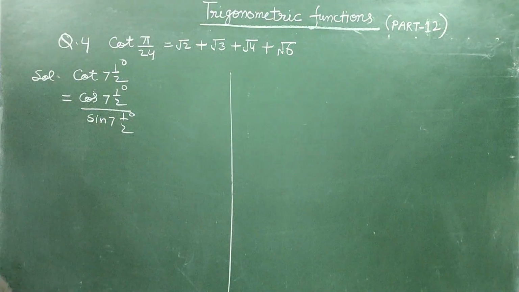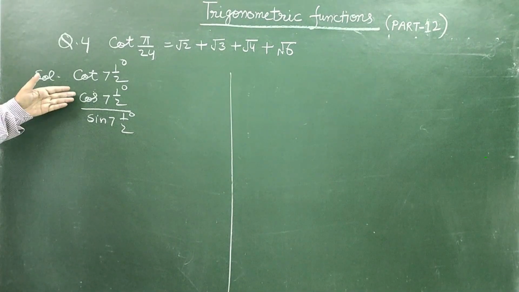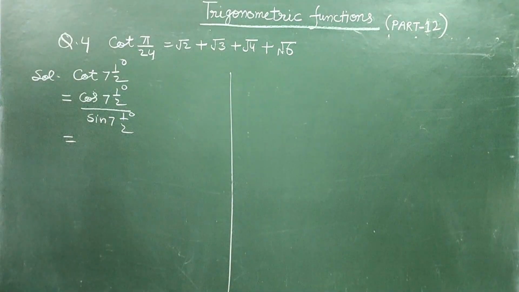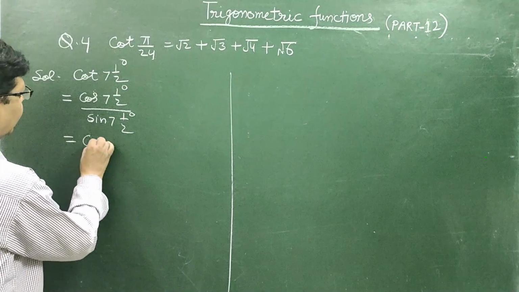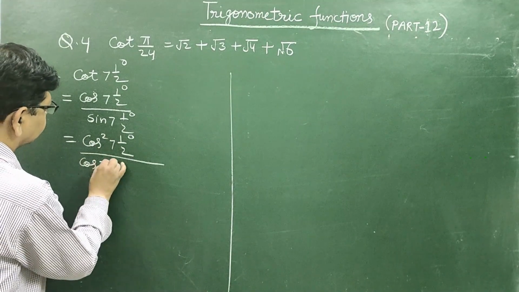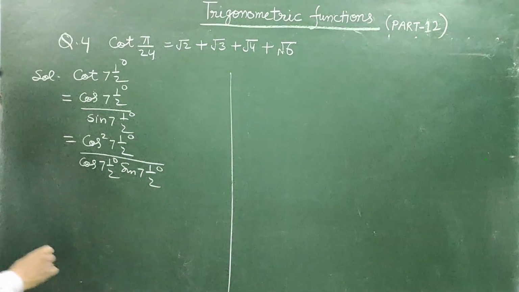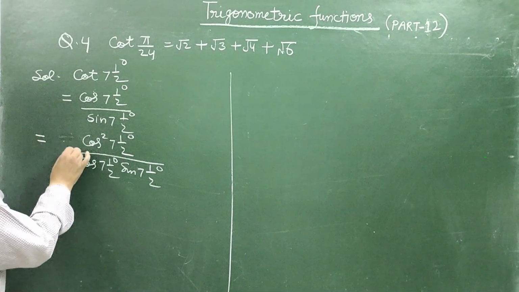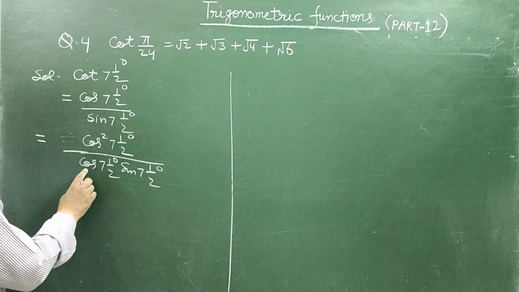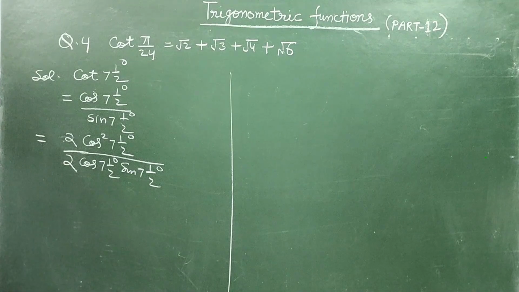Now let us convert it into 15 degrees, means bringing it in the form 2A. So for that, multiply by cos 7.5 degrees here and divide by cos 7.5 degrees, to use the formula of 2 cos² A and 2 cos A sin A. Multiply by 2 and balance it by 2 in the denominator.